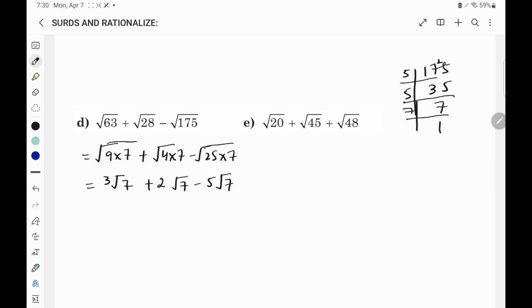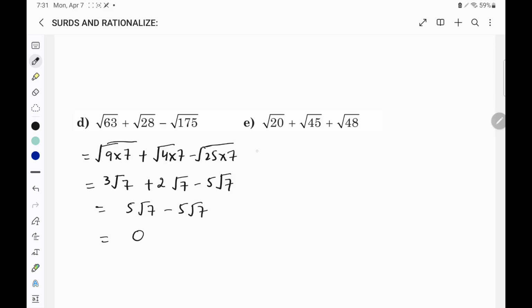You will have the same surd number. The number in the square root sign will be the same, otherwise you cannot simplify. So now you can simplify 3 plus 2 and then minus 5. So that is 5 square root 7 minus 5 square root 7, which becomes 0 in this question.